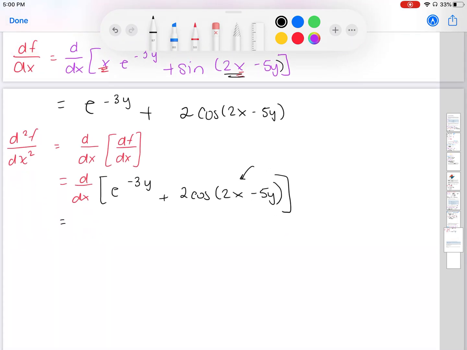We only have one x there. So we are left with the first term being 0 plus the derivative of cosine, which is negative sine. We would have negative sine of 2x minus 5y. And the derivative of 2x is just 2, so we would have a 4 in the front. So we would have negative 4 sine of 2x minus 5y. Okay, we got one down.